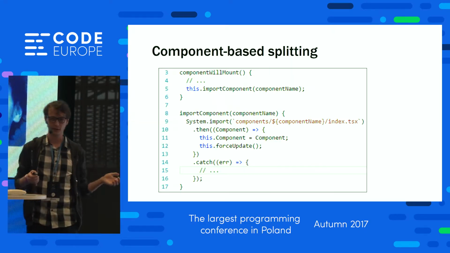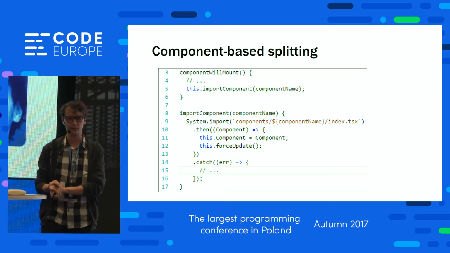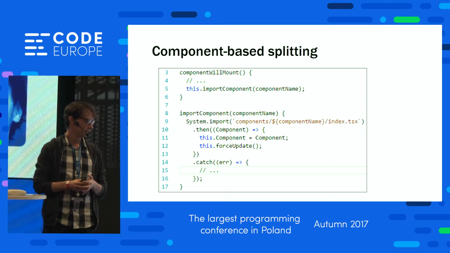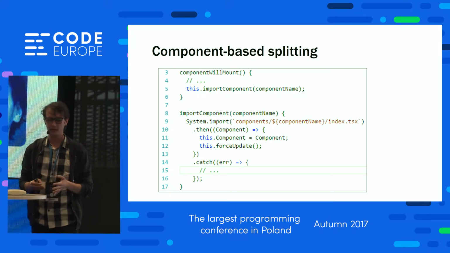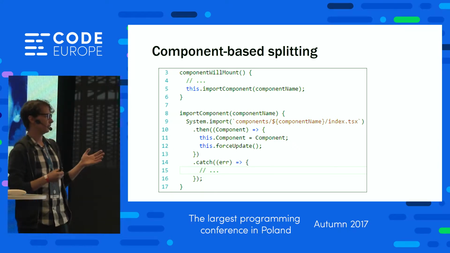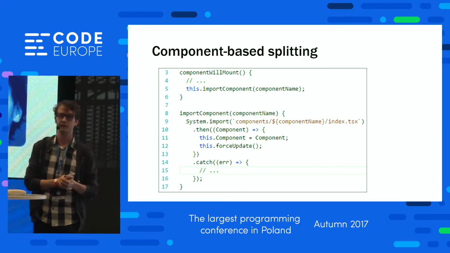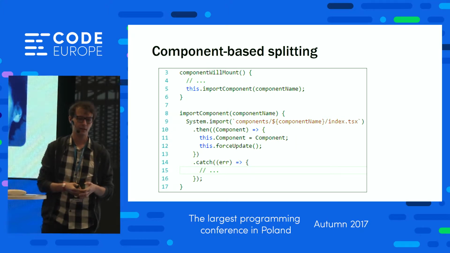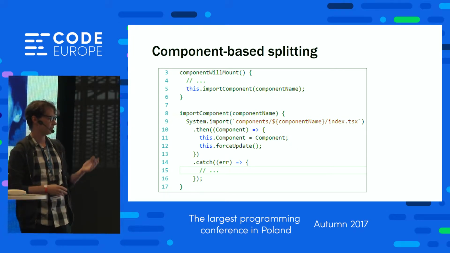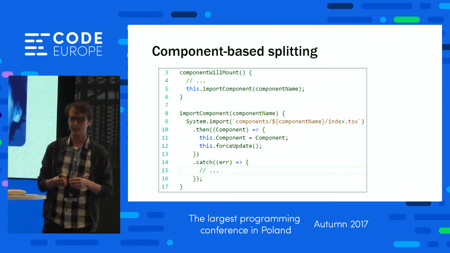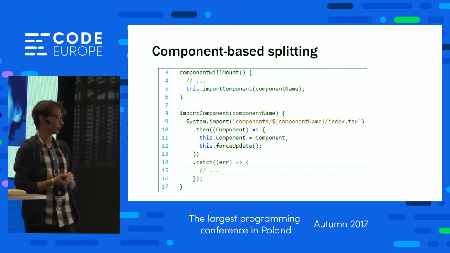Another way of splitting your application would be component-based splitting, and this is an example from our production application from some time ago. Similarly to route-based splitting, component-based splitting relies on ECMAScript's dynamic imports, as you can see in this case of our own private implementation.